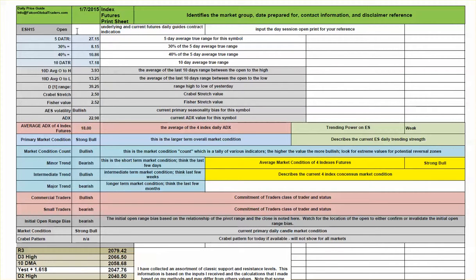Next, you'll see we go into a number of metrics associated with the average true range for that particular symbol. I calculate for you the 5-day average true range, and then from there I calculate what 30% of that value would be and 40% of that value would be.